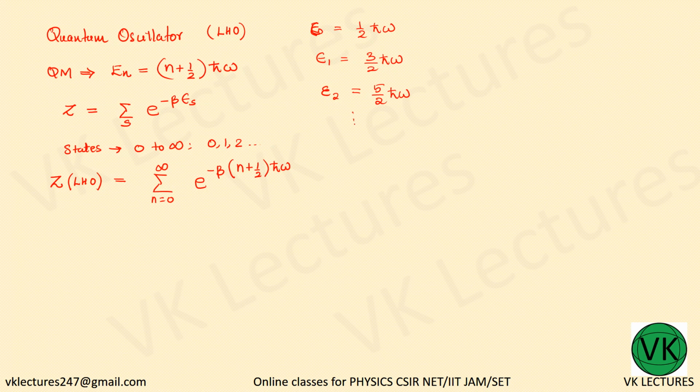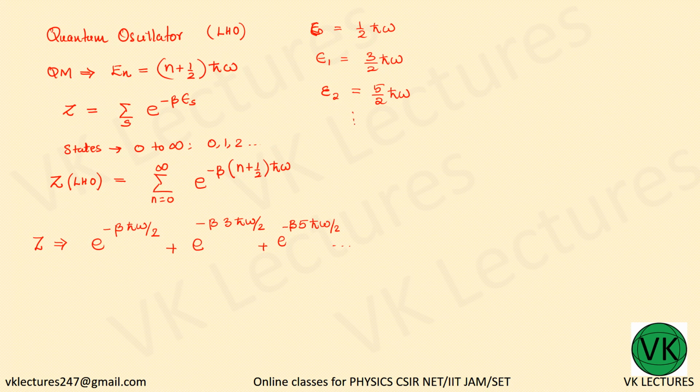Replacing the summation by terms, the first term, when n equals 0, is e to the power minus beta h cross omega by 2, plus e to the power minus beta 3h cross omega by 2, plus e to the power minus beta 5h cross omega by 2, and it goes on. So this is the partition function Z.